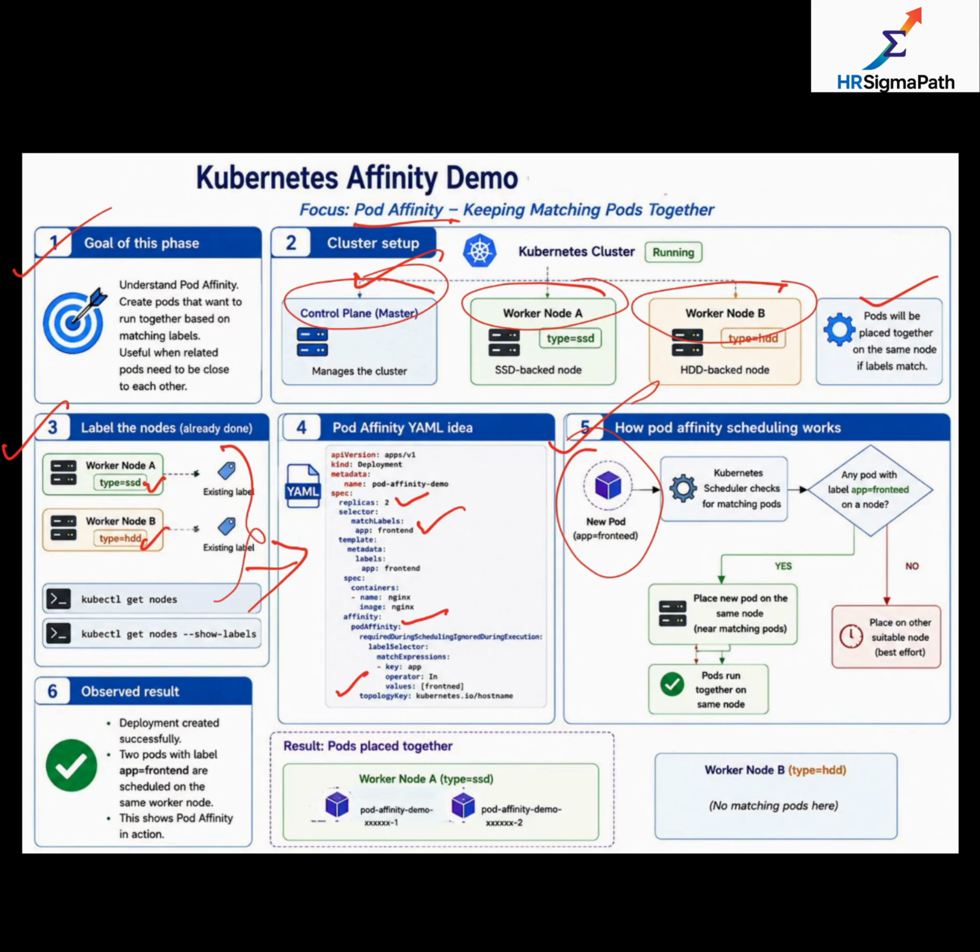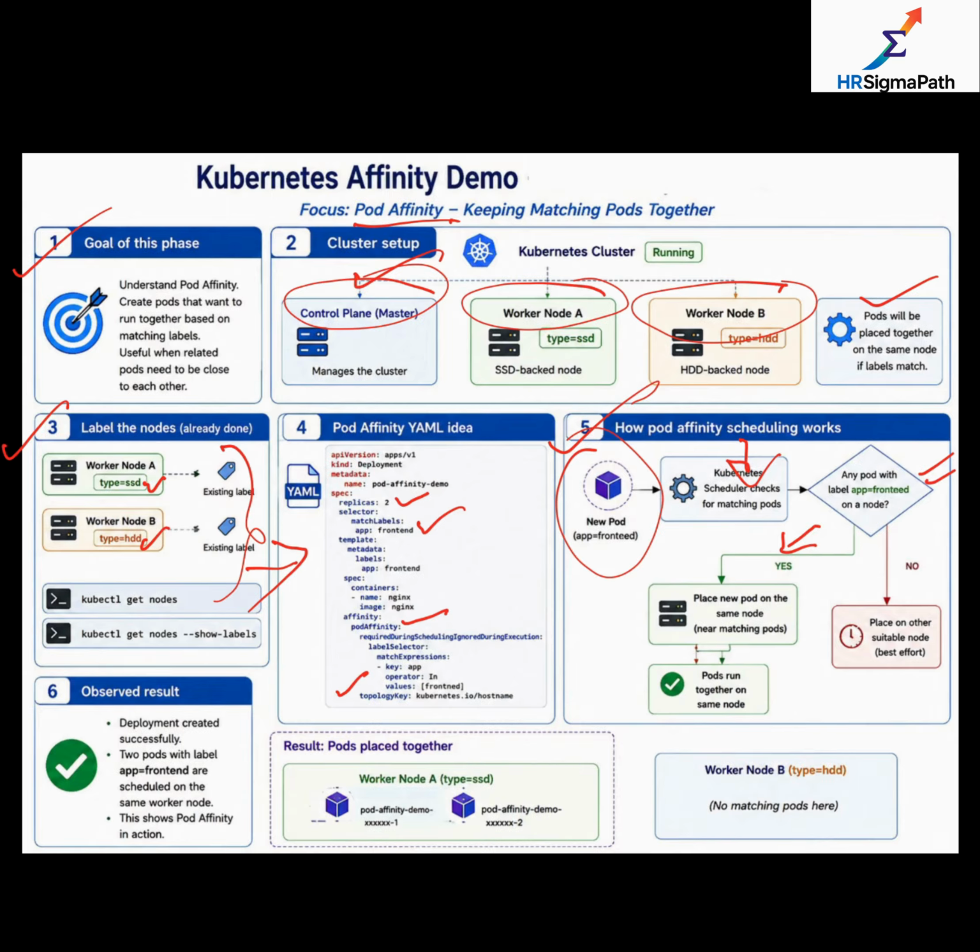So here what is happening is that the Kubernetes scheduler checks the cluster and asks, is there already a pod with label app equals to frontend running on any node? If the answer is yes, then the scheduler places the new pod on the same node.